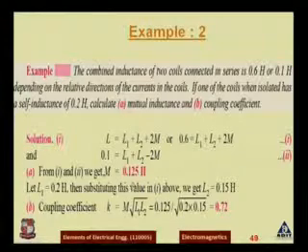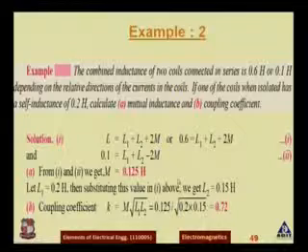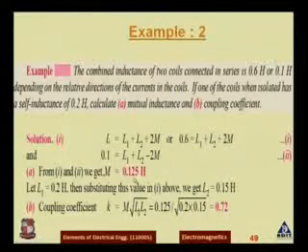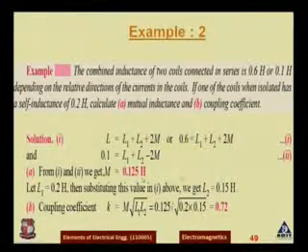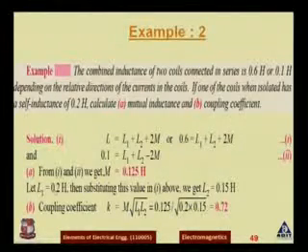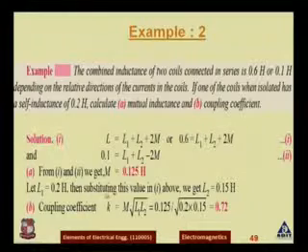So you can see that the mutual inductance is equal to 0.125 Henry, or in millihenry it is 125 millihenry, right? Now let L1 be equal to 0.2 Henry, and substituting this value in equation 1, we get the L2 value. So it is now easy to find out the coupling coefficient.